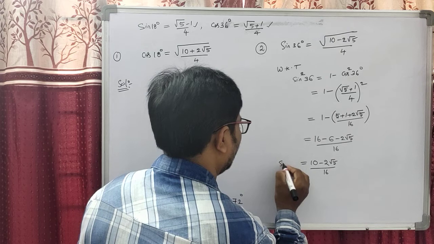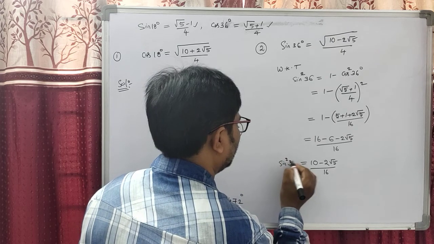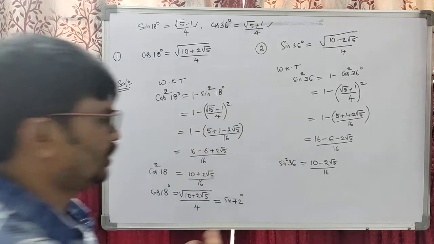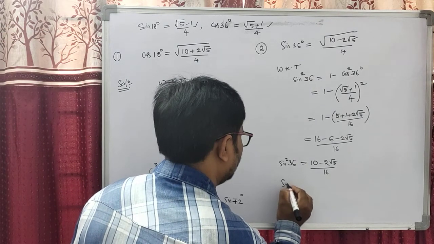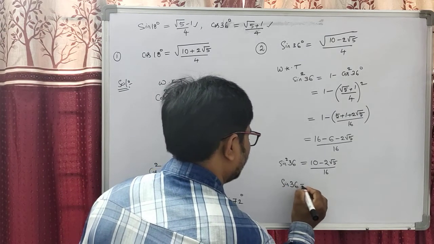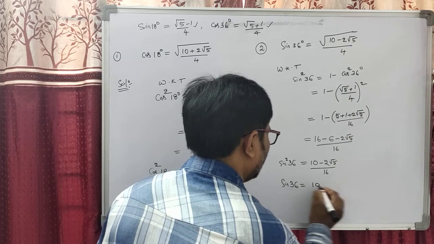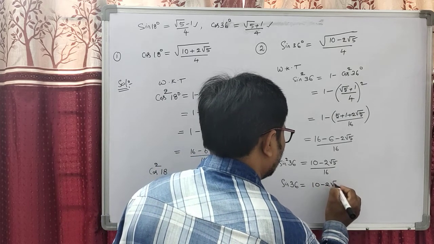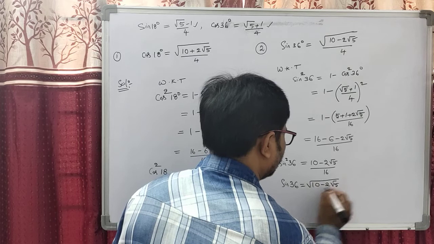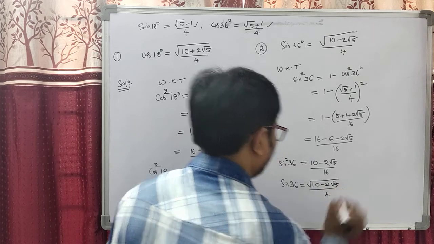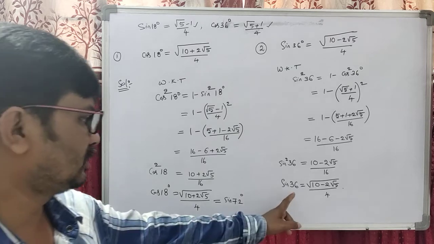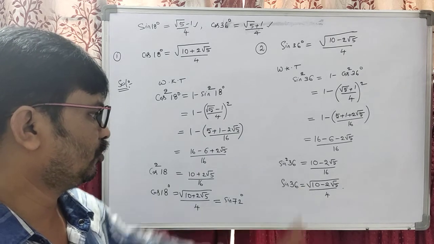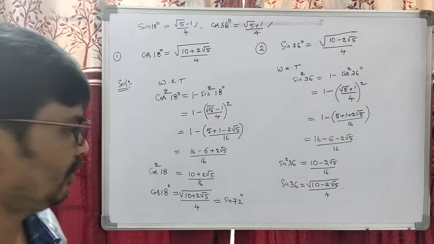This is the value of sin square 36. Now the square is sent to the other side. Dear students, the sin of 36 equals root of (10 minus 2 root 5) by 4.